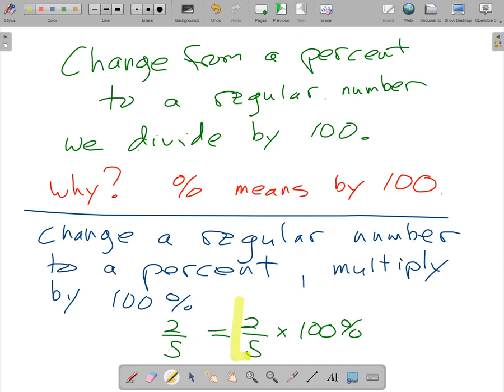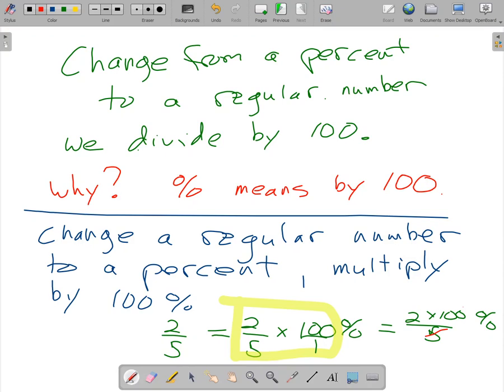Now all I need to do is clean up that part. I could look at that as 100 over 1 as a fraction. And then 5 goes into 100. So I could say this is 2 times 100 over 5. The percent symbol's still chilling out there.